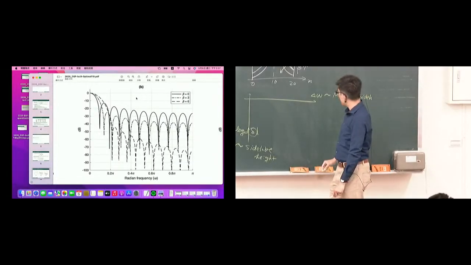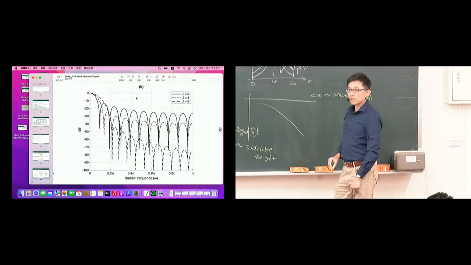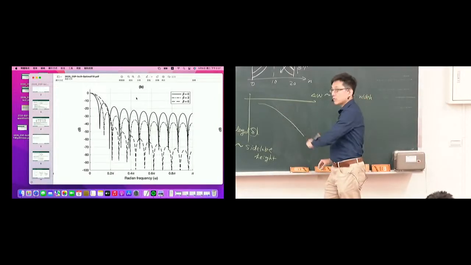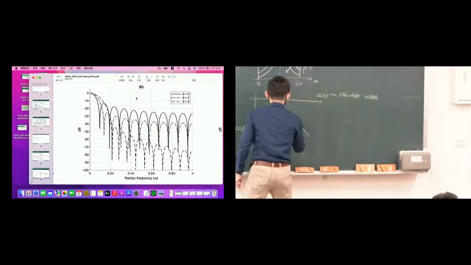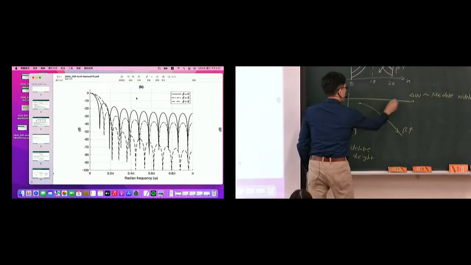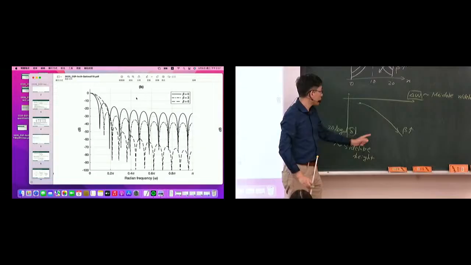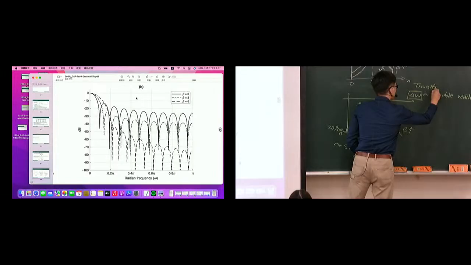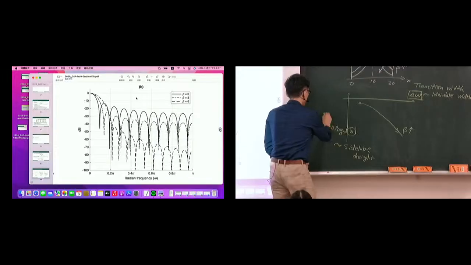So we should expect some kind of an inverse relation right here. That's a trade-off. You expect to see a trade-off line, like that, that shows what happens when we increase beta and plot the performance in a two-dimensional space: transition width versus peak approximation error.